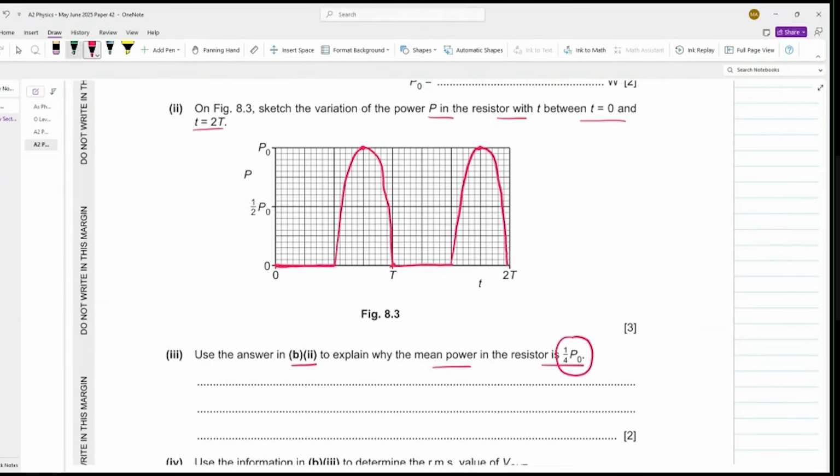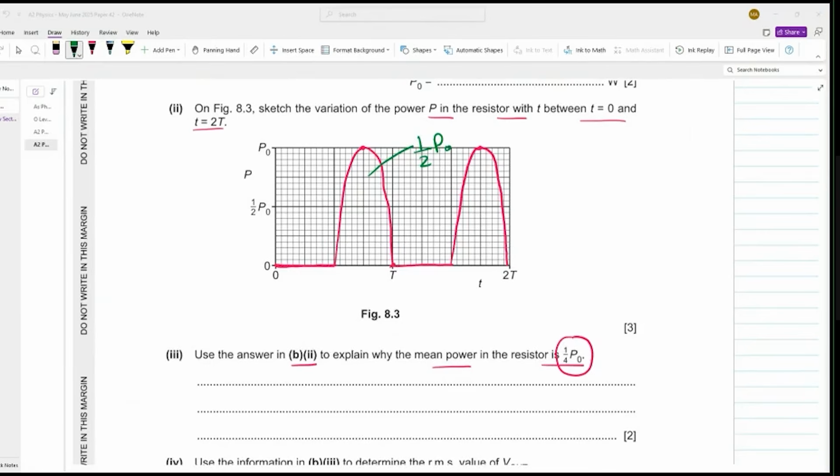What you can start your answer with is you can say the mean power of one loop is equal to half P naught.